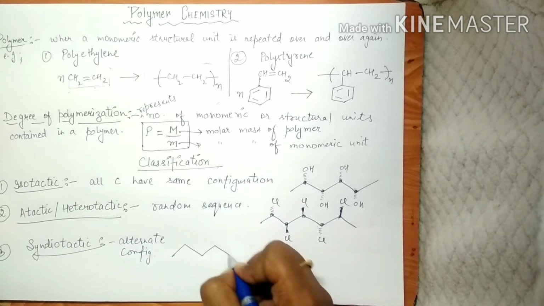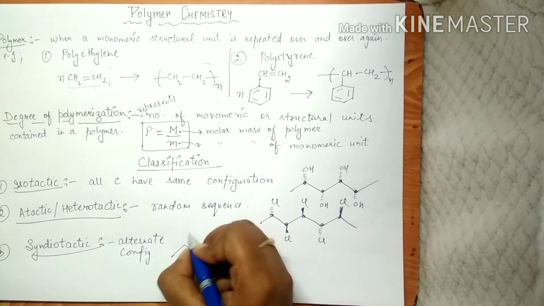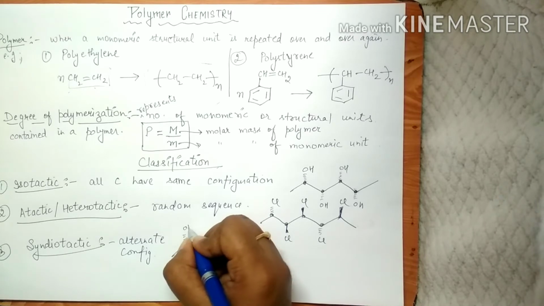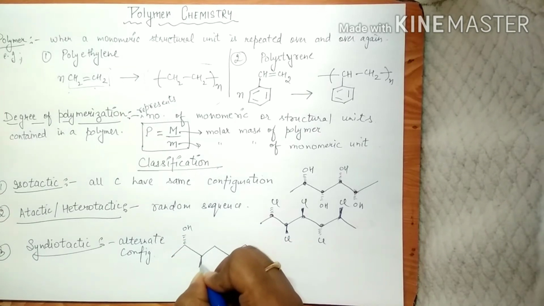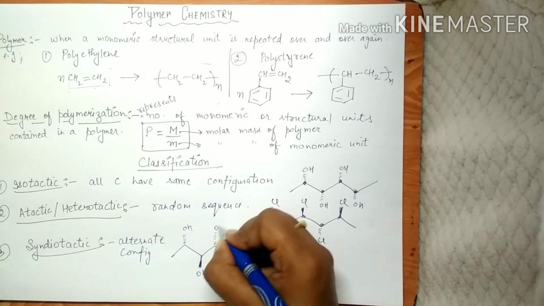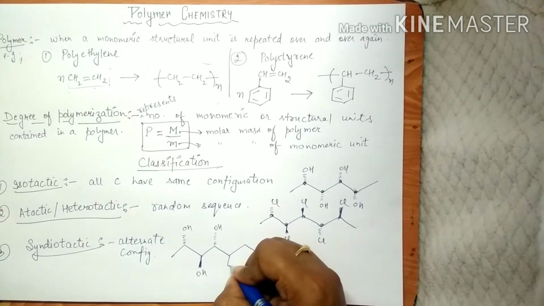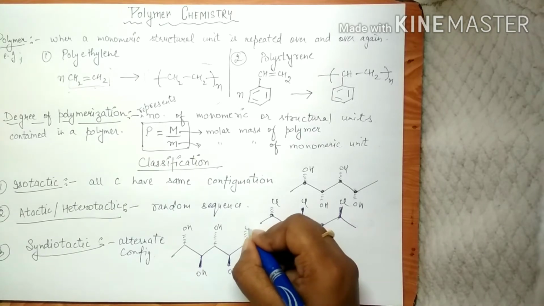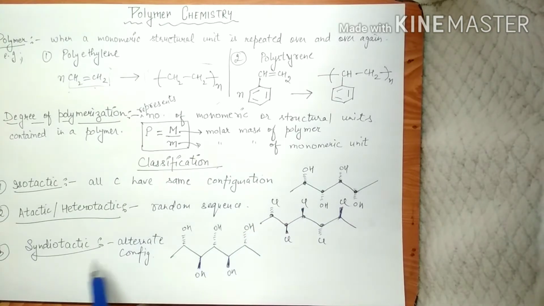For example, if at one carbon configuration is R, then at other it will be S, followed by R, then S, then again R, and then S. In this way, the configurations will be alternate. Then it comes under the category of syndiotactic.